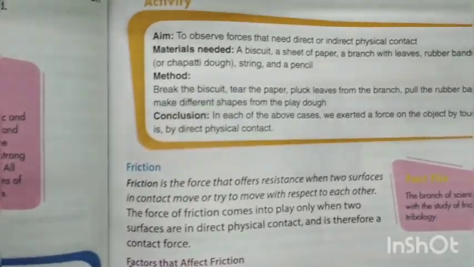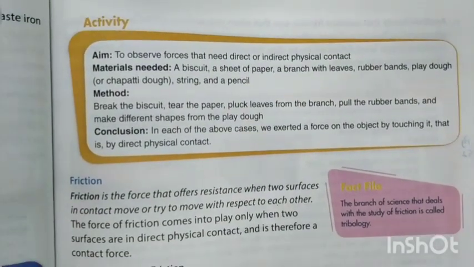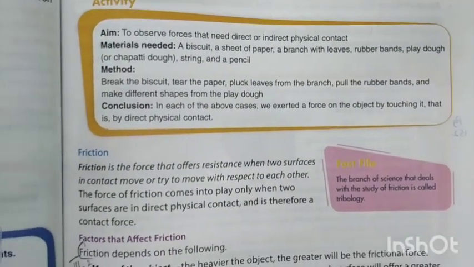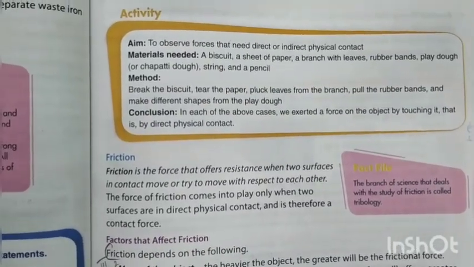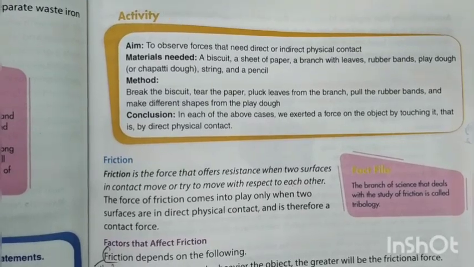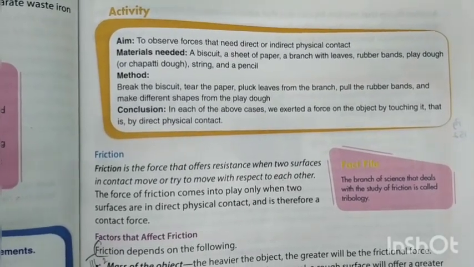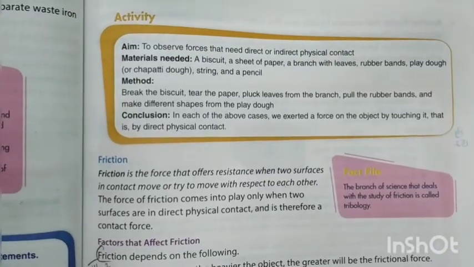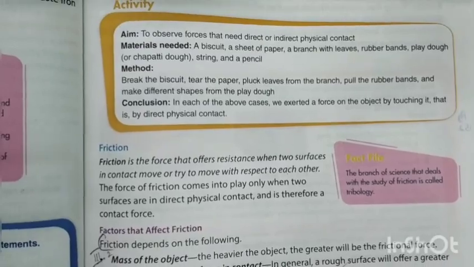In this activity, the aim is to observe forces that need direct or indirect physical contact. What are the materials needed? A biscuit, a sheet of paper, a branch of leaves, then rubber bands, dough, string and a pencil. Now, what is the method we are using here?